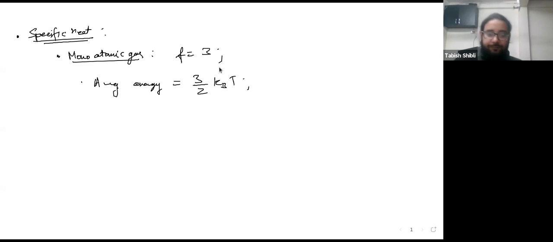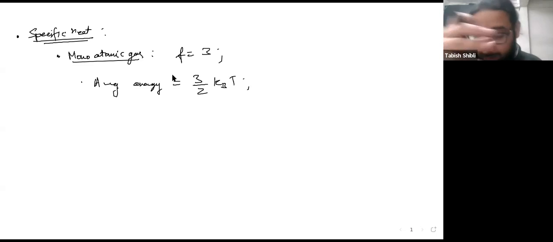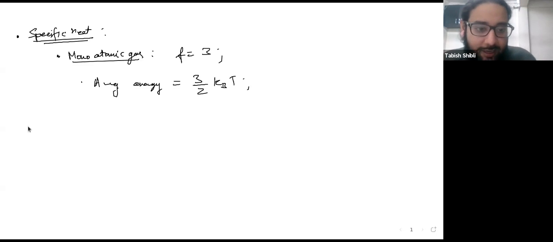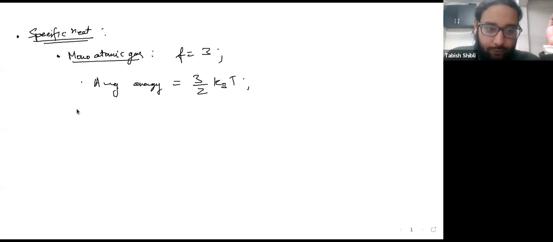Okay. Now, that's the average energy of each molecule, each atom in this monoatomic gas. Molecule is the same as atom because it's a monoatomic gas. So what's the total energy, let's say, of 1 mole of such a gas?